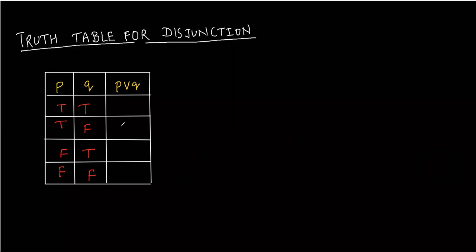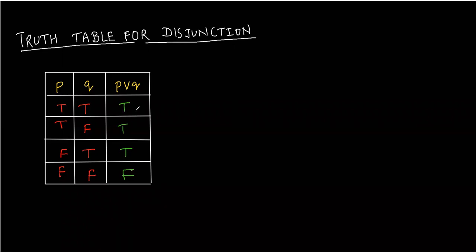When P is false and Q is true, then also it is true. So this is true, this is true, this is true. And when both are false, then it is false. Remember, students, both are false, then it is false. In all other cases, it is true.